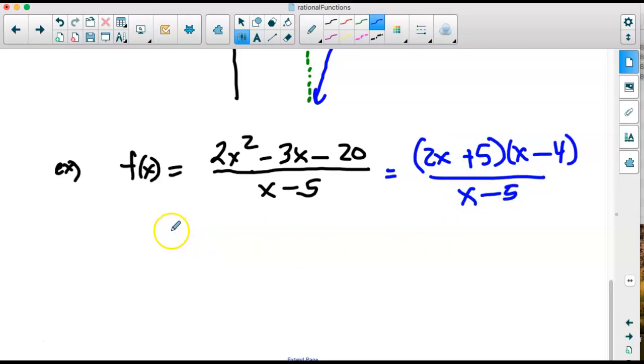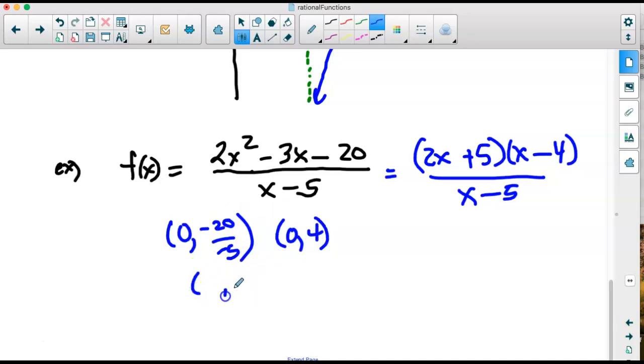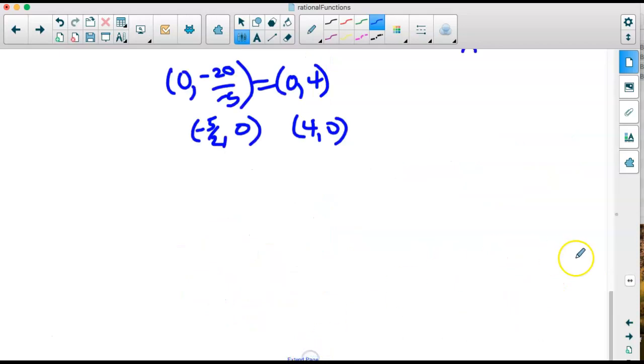Our intercepts are going to be 0, negative 20 over negative 5, which is 0, 4. And then our x-intercepts are going to be when this is 0, so that's negative 5 over 2 and 4. So these are our 3 intercepts on this function.